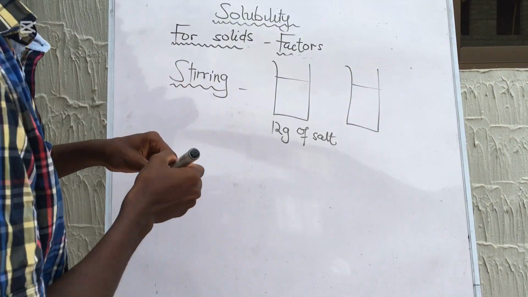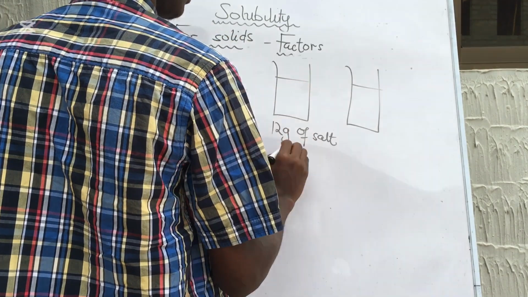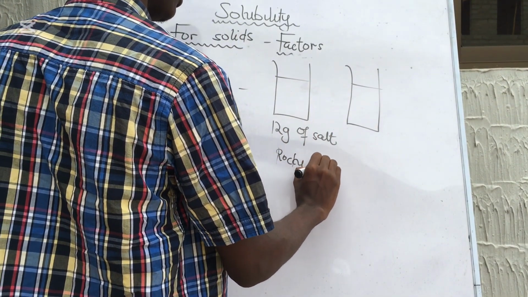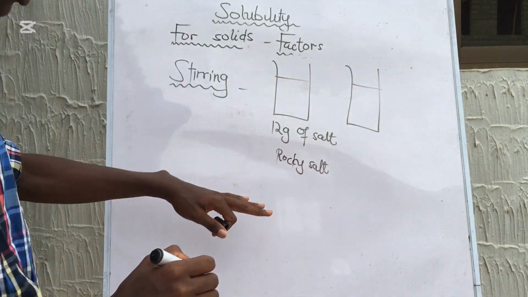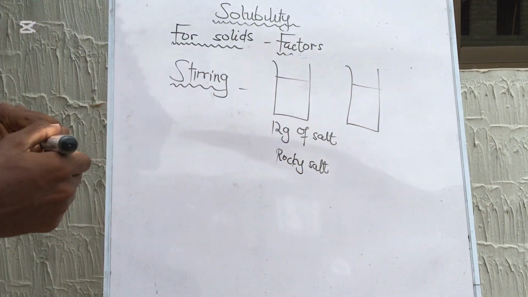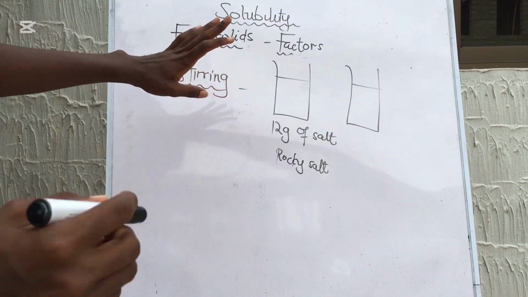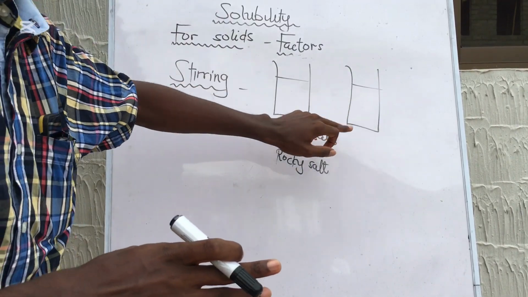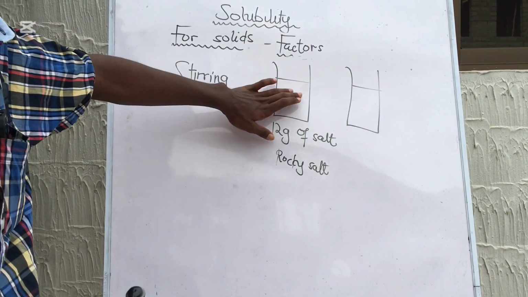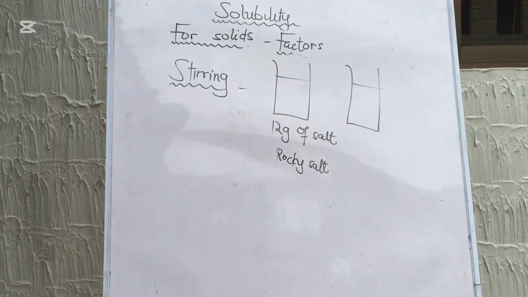Remember, if you add all the 12 grams of, let's say, a rocky salt to the two, and in one you are stirring it and in the other you are not stirring it, at the end of the day the solvent will be able to dissolve the rocky salt completely, just that one will dissolve faster as compared to the other.